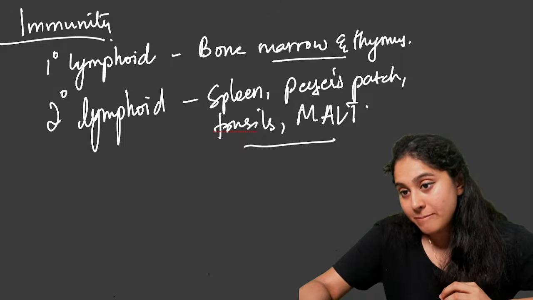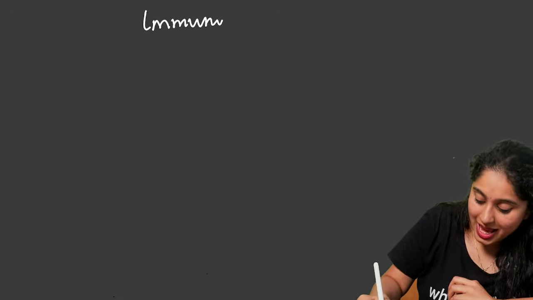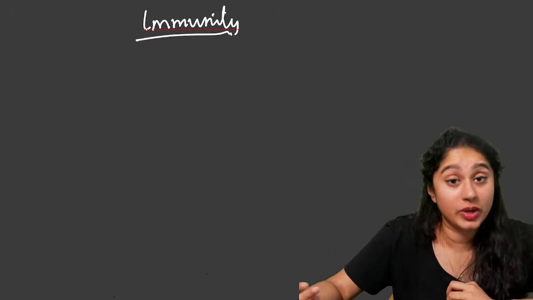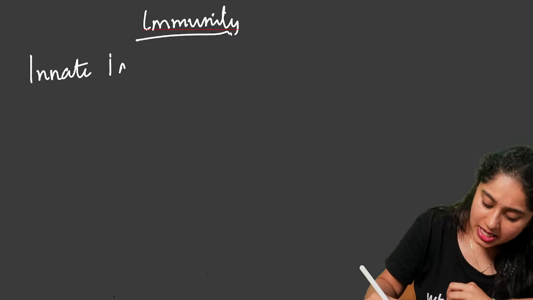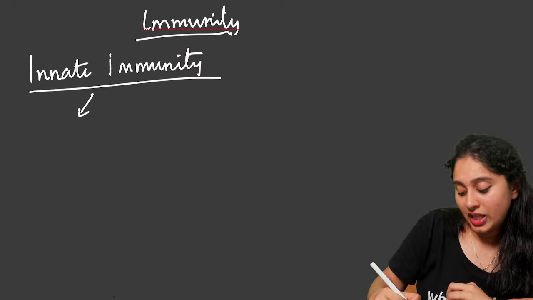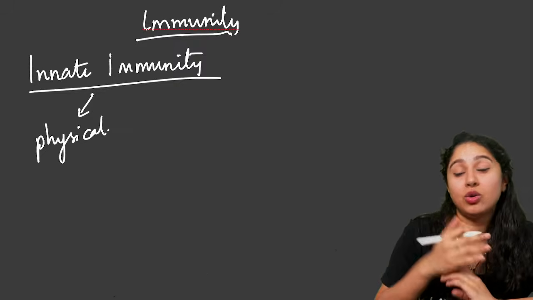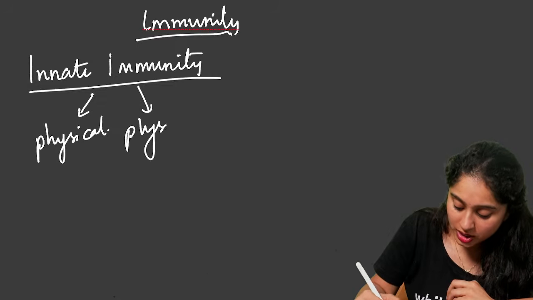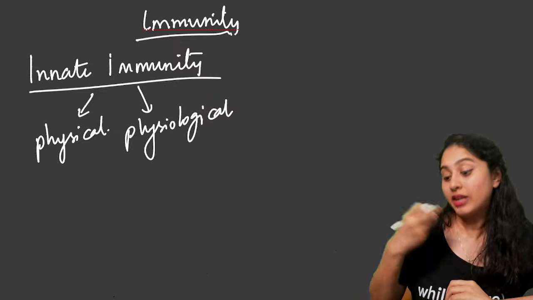Now, immunity is the ability of the body to protect us from so many diseases. The first category is innate immunity, which is there by birth. Under innate immunity, we have physical barriers like the skin, which will not allow any pathogens to come inside. Then we have physiological barriers: the tears, the secretions, the acids in the body that can kill.